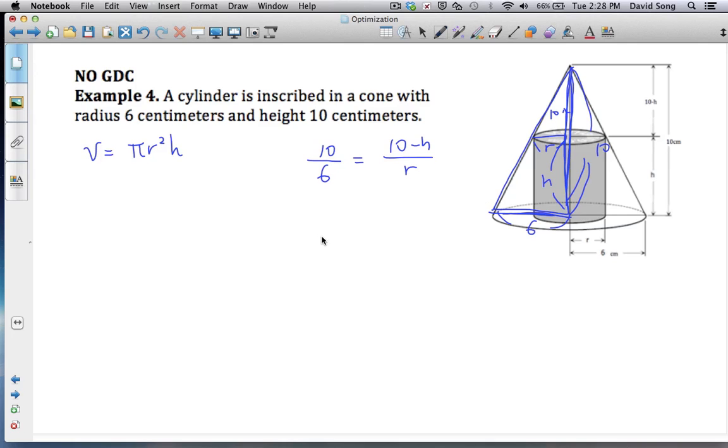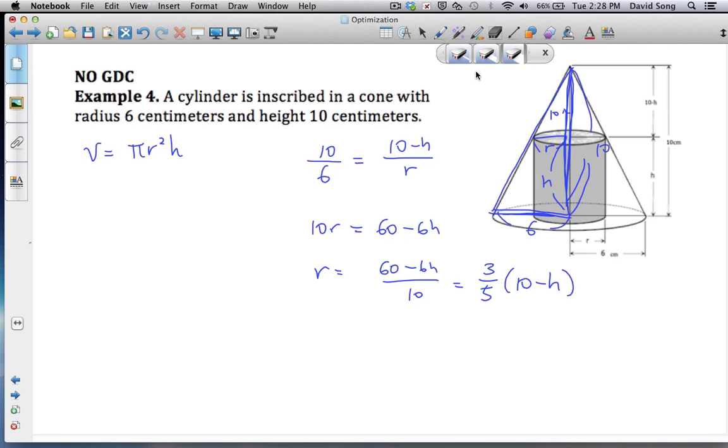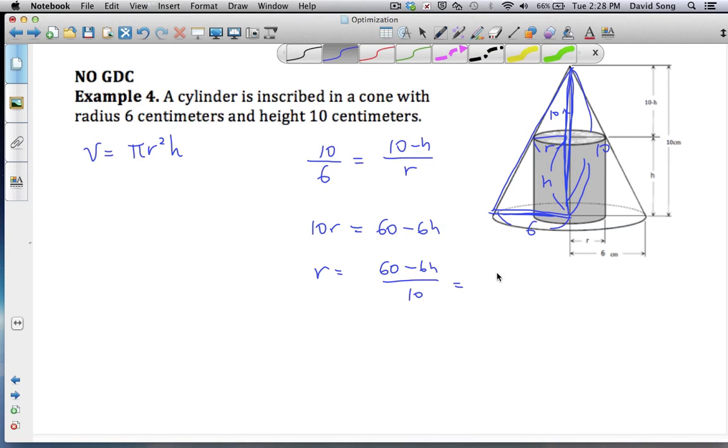So once you do this, you can say, okay, well, 10r is equal to 60 minus 6h, and r is equal to 60 minus 6h over 10. Or we can simplify and say 3 over 5 times 10 minus h or something. Yeah? Alright, so, or it might be even easier later if you just leave it as 30 minus 3h over 5.